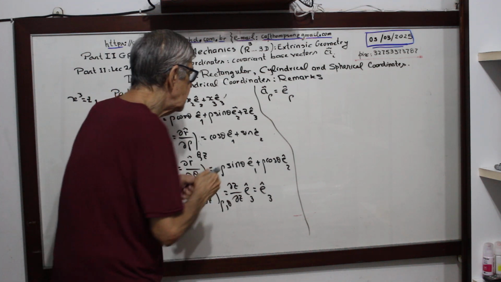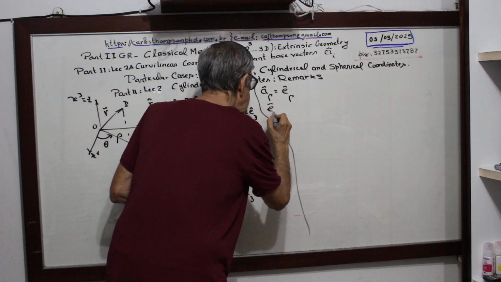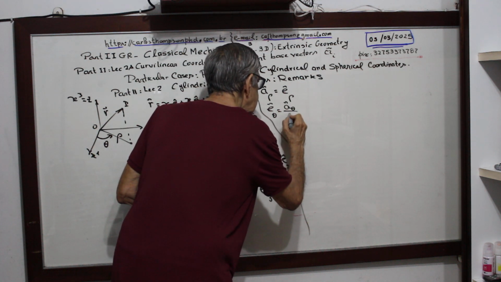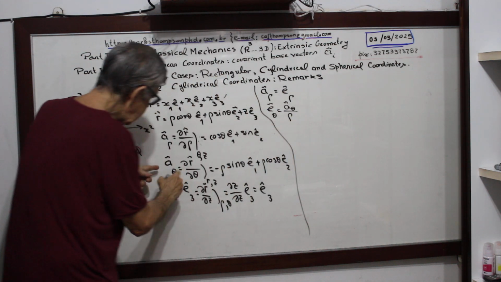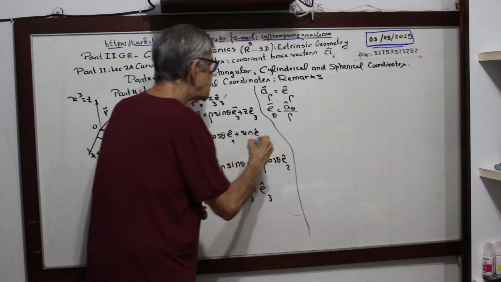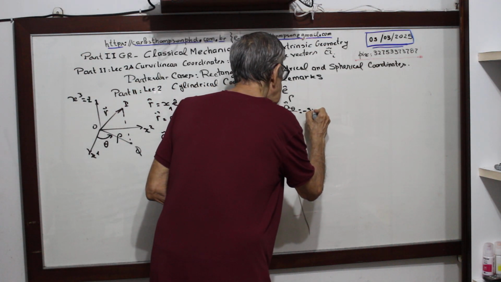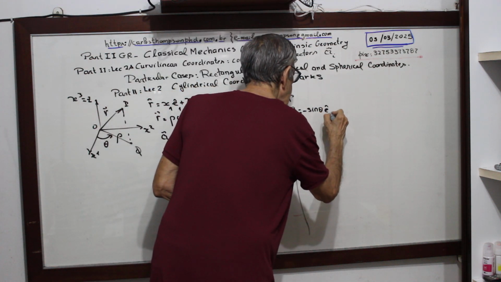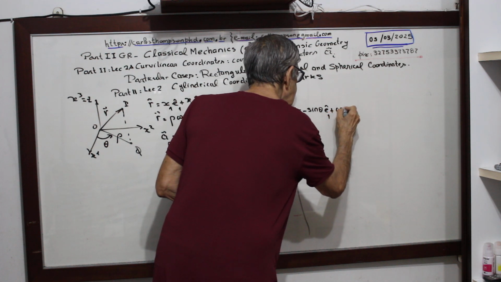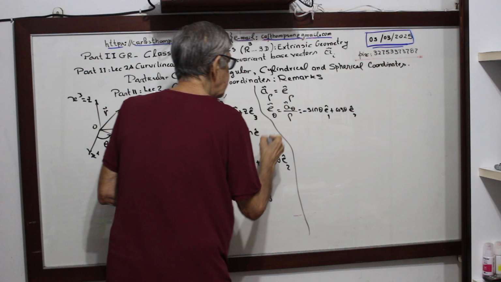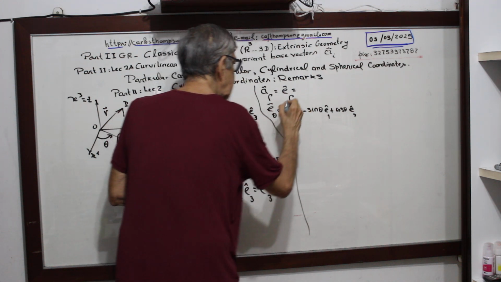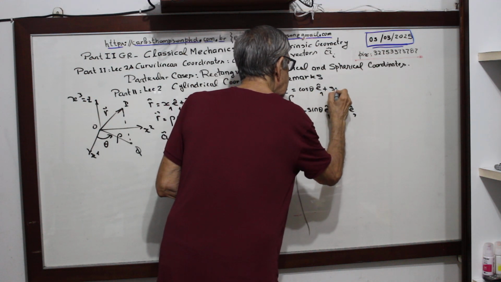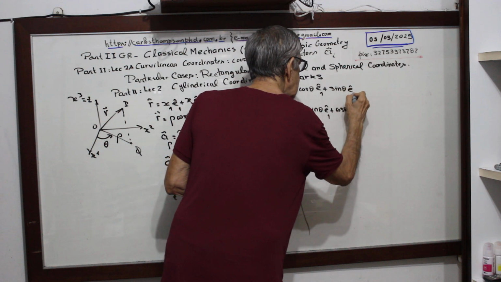So E theta is equal to A theta divided by rho. You see, I come here and divide by rho. So this will be minus sine theta E1 plus cosine theta E2. This will be cosine theta E1 plus sine theta E2.